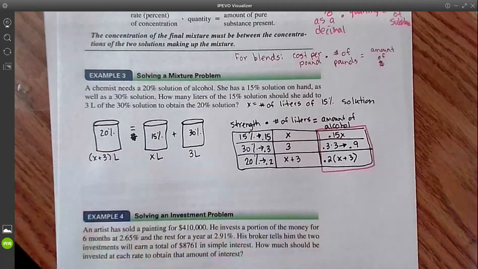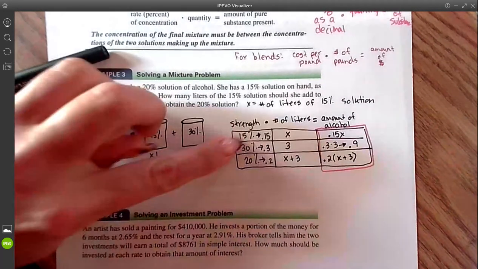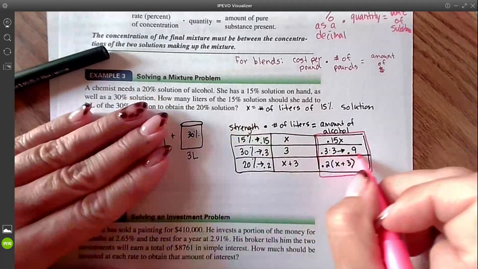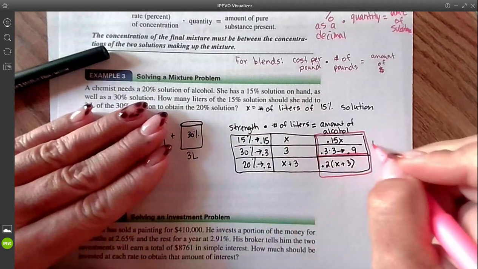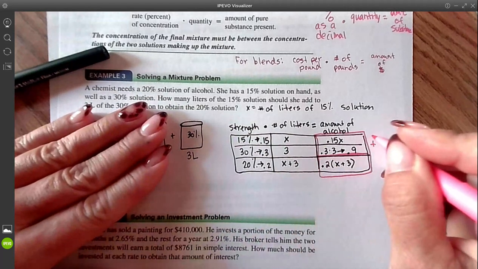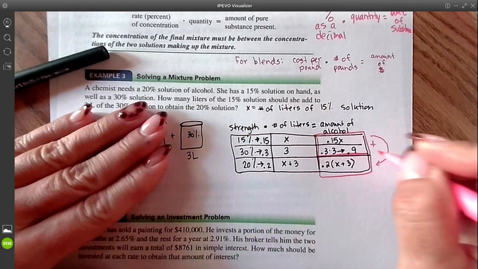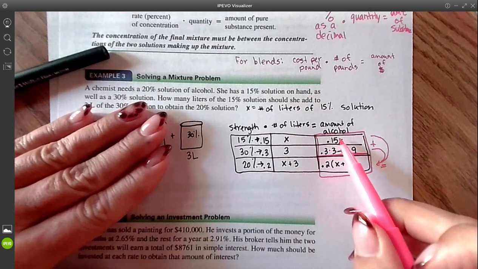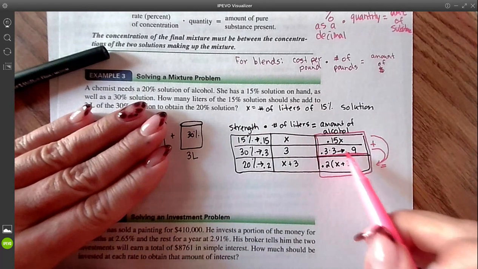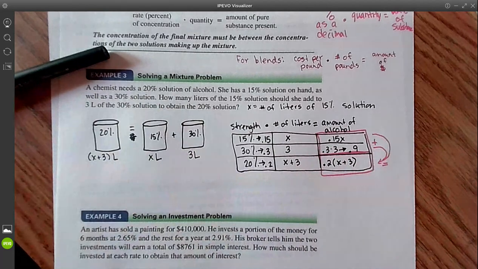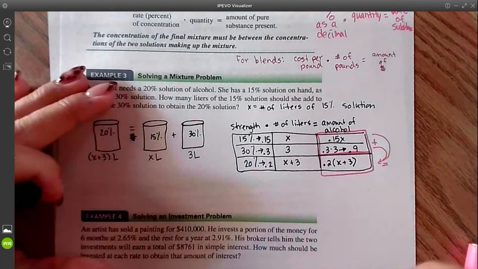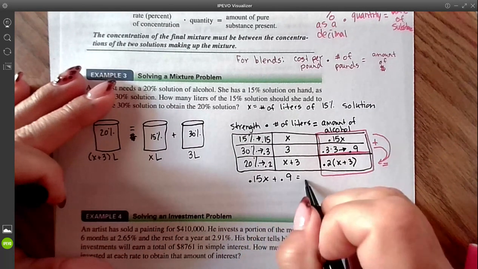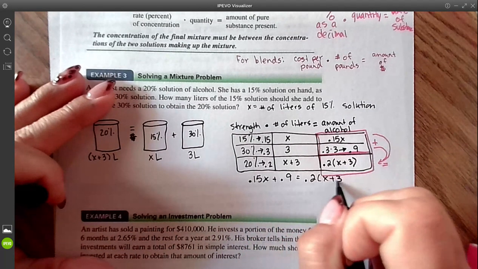What I'm doing is mixing the 15 and the 30 and ending up with the 20. So these two get added together and they are going to equal this column. So 0.15x plus 0.9 equals 0.2 times x plus 3.